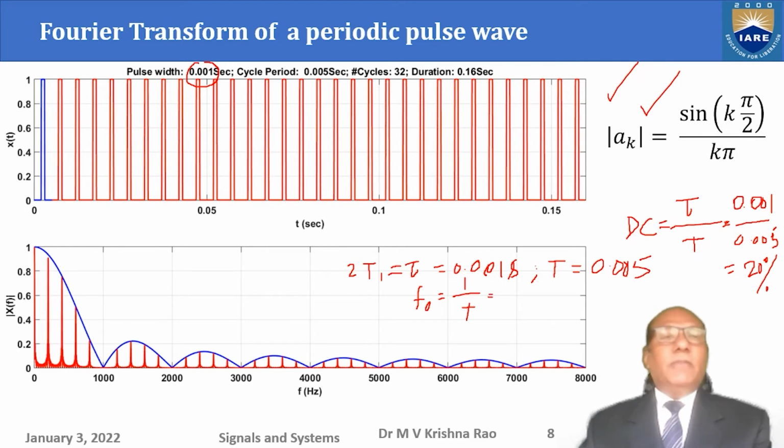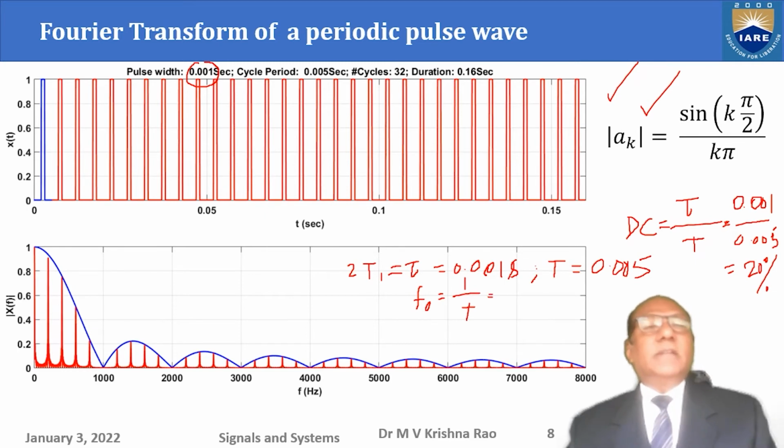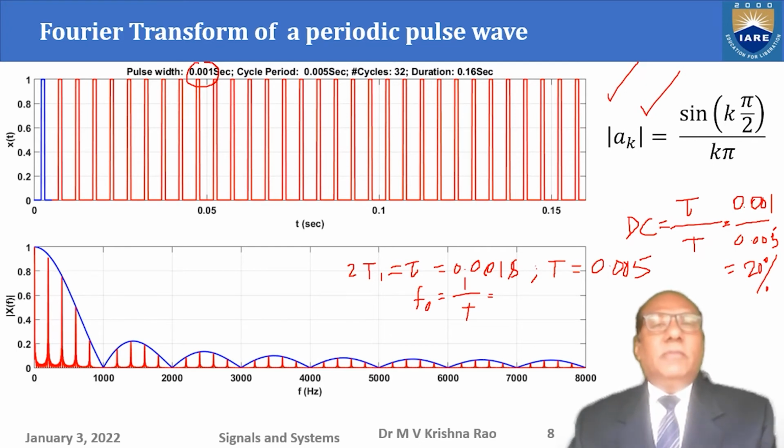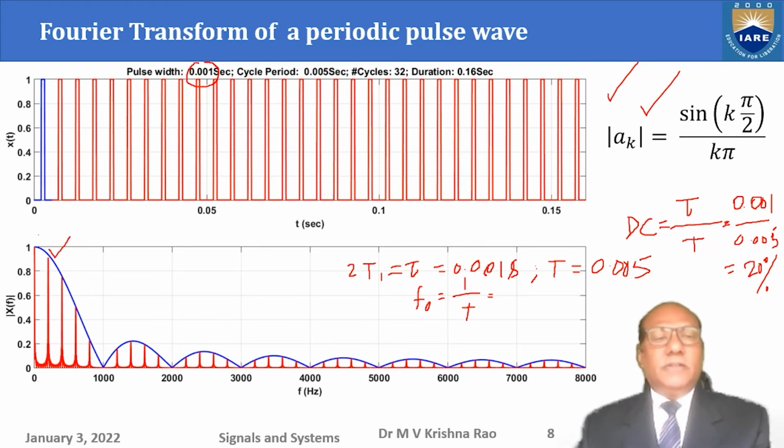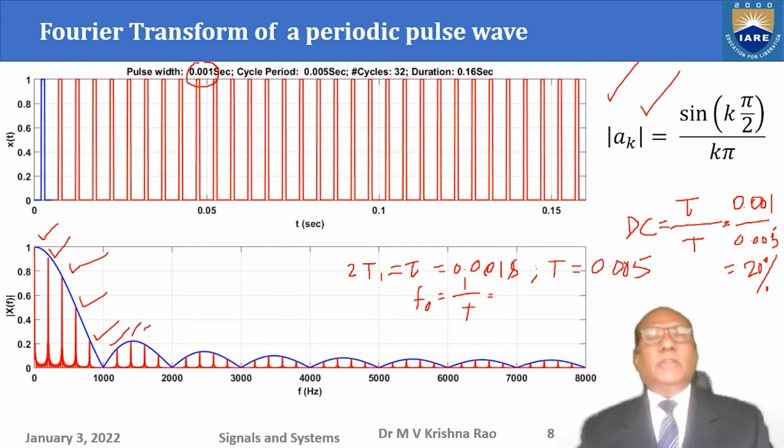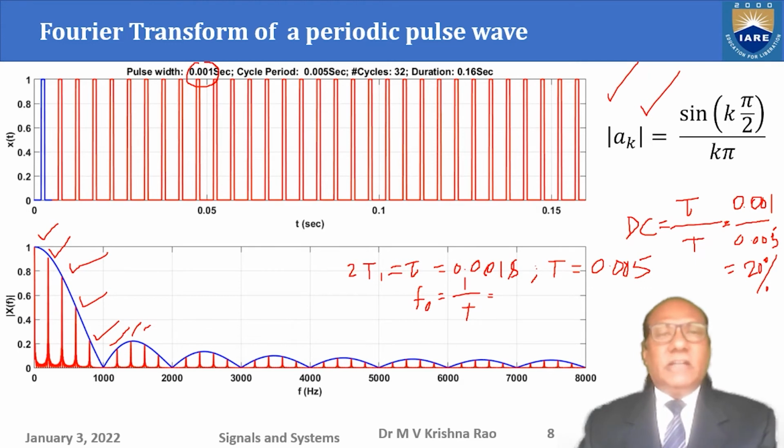And I should say fundamental frequency. I should not say the frequency of pulse wave. For a pulse wave or rectangular wave, I cannot say frequency because it is a combination of so many frequencies. See, this is the DC value, first frequency, second frequency, third, fourth, fifth, sixth, seventh, like that. There are infinite number of harmonics. So when I say frequency, that is applicable only for the sinusoidal waveform.